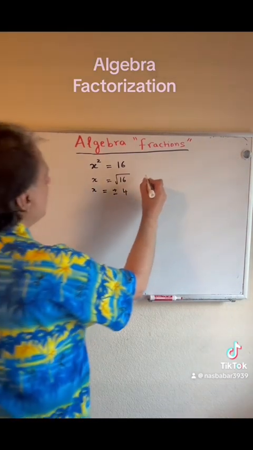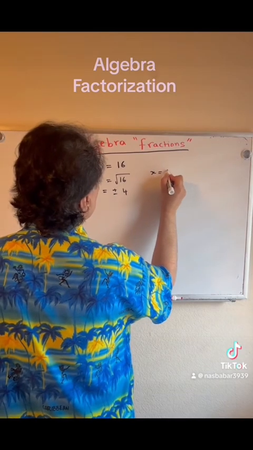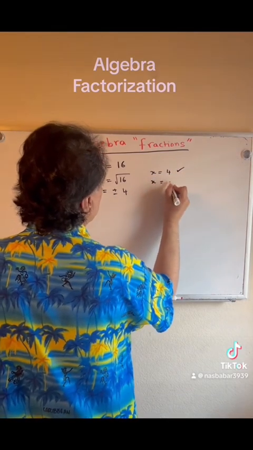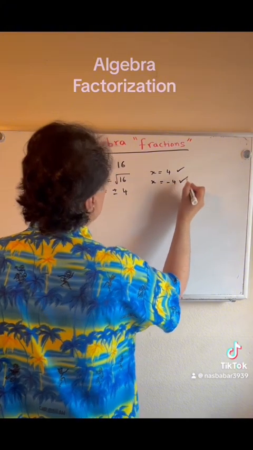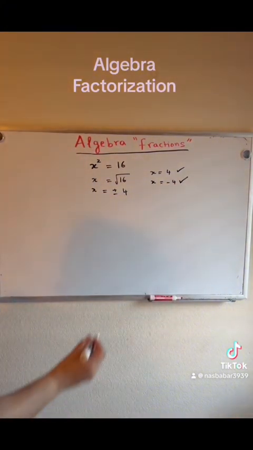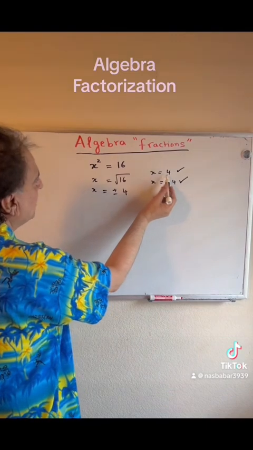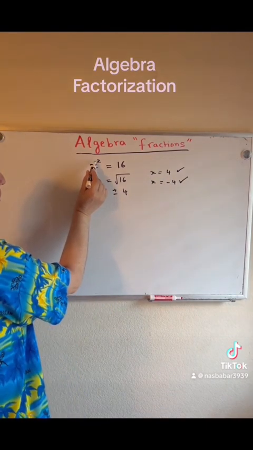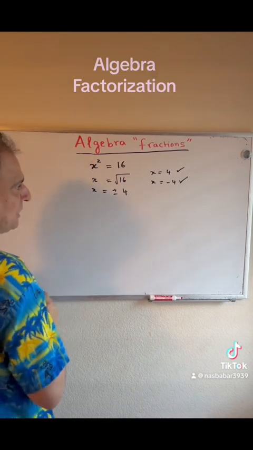X could be equal to 4. That's a good answer. X is equal to minus 4. That's a good answer. Okay? If you plug that back into this, 4 times 4 is 4 squared, which is 16, matches.